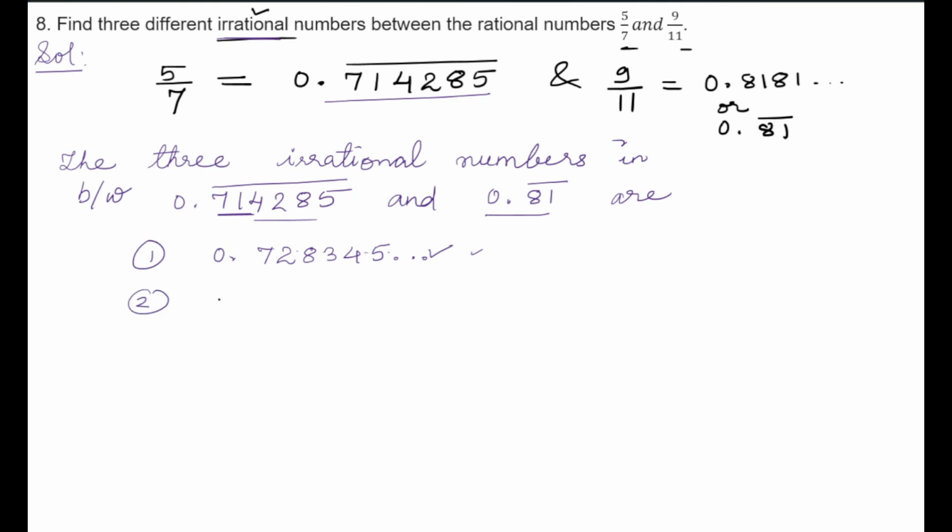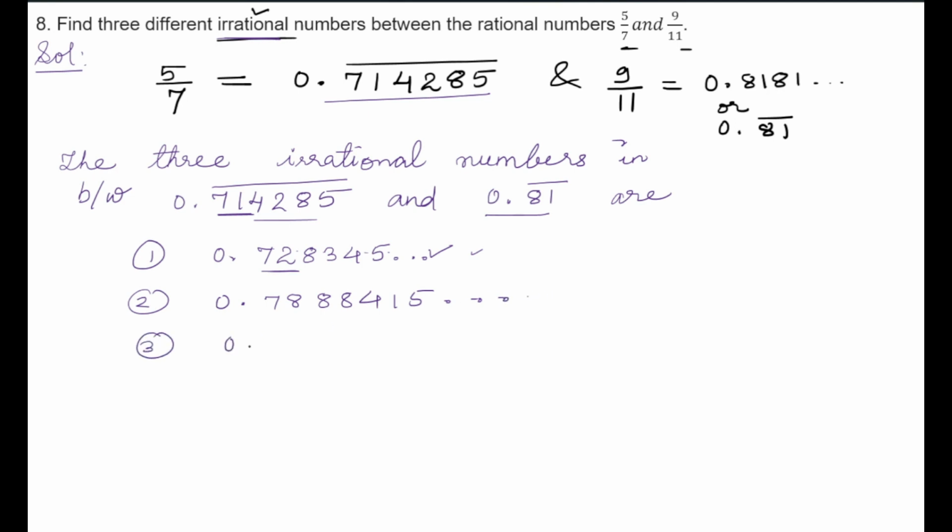Coming to the second one, let us take one more number. So it can be 0 point. Now, after the 7, 2, let us take some other number like 7, 8. So I can write 7, 8 and just continue writing with any number, right? So you can write any number after this. See that you are not repeating the digits, and just put these 3, 4 dots representing that it is endless or non-terminating.